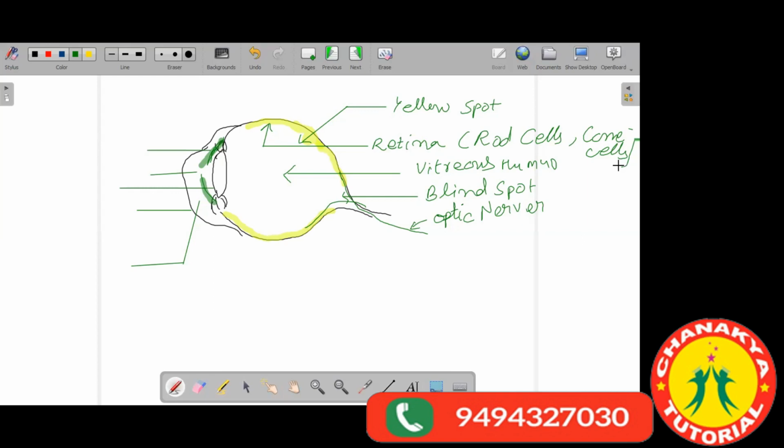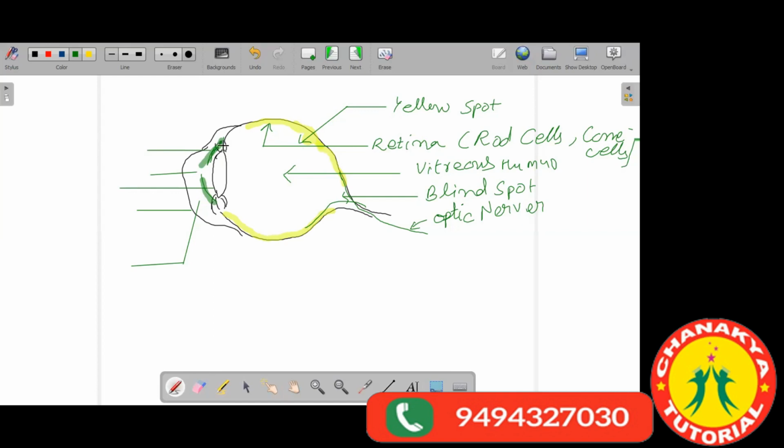So let's label all the portions of this diagram. Whenever in the exam you are asked about the human eye diagram, this is the diagram that you will be drawing, not the previous one.